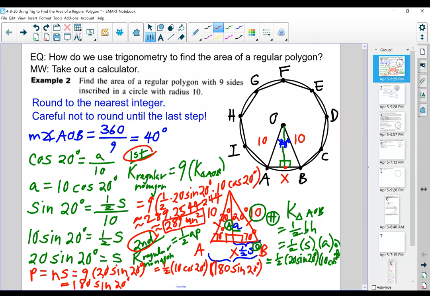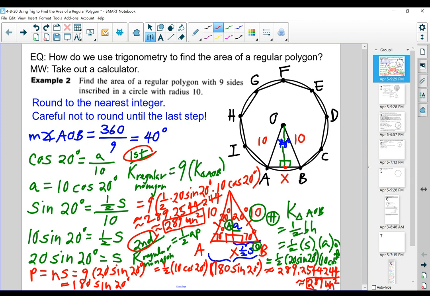And if you multiply 1/2 times 10 cosine 20 degrees and the 180 sine 20 degrees, you will get the same decimal expansion as before, 289.2544244. And that again will round to 289 units squared.